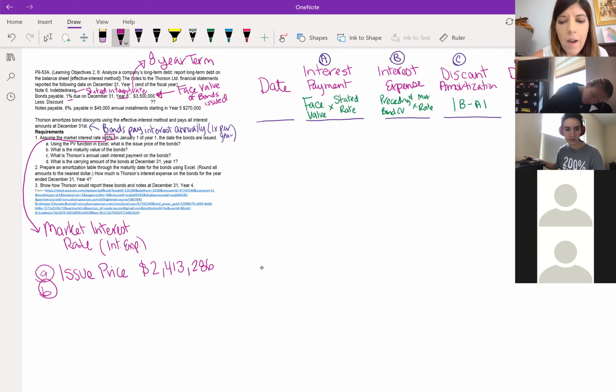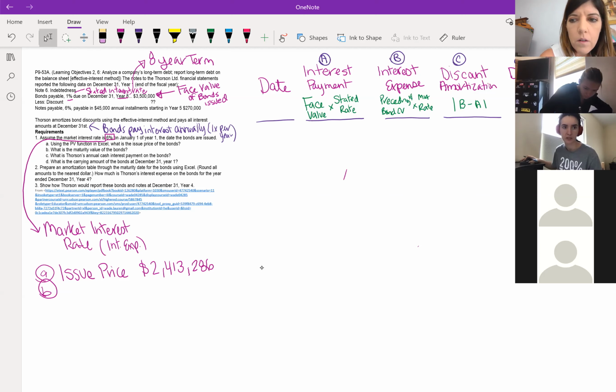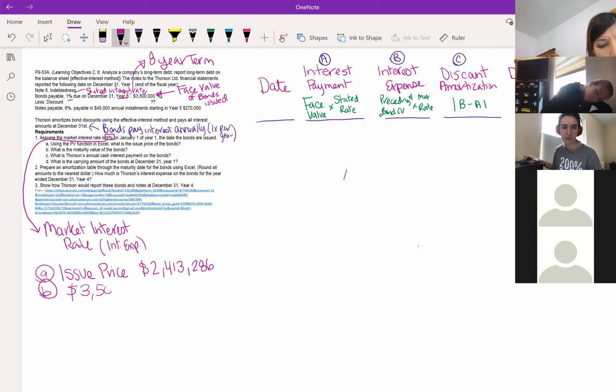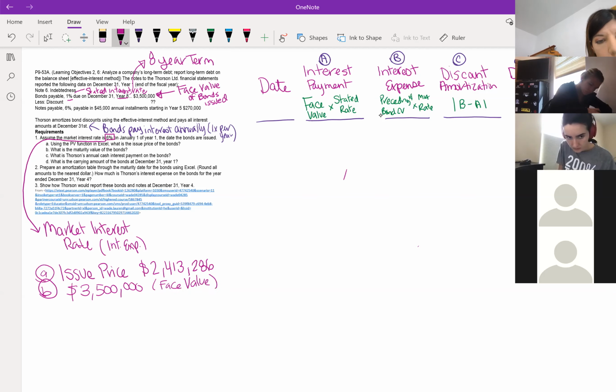How much do we have to pay back at maturity? Do you pay back the face value? Correct. We always pay back the face value. So 3.5 million is your answer for part B, the face value of the bonds.